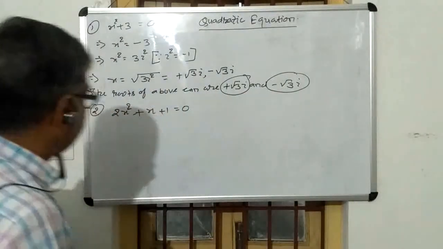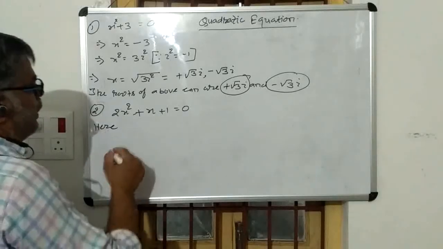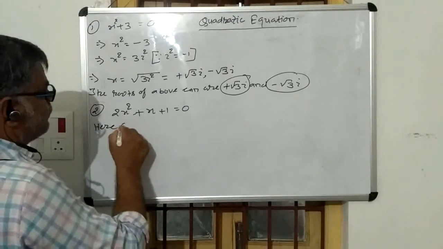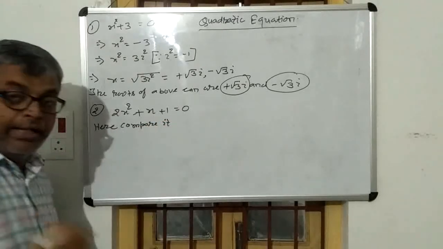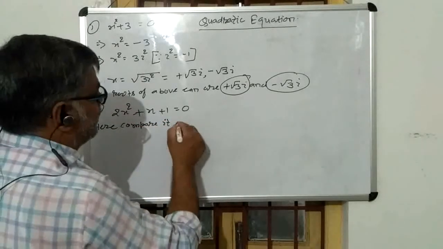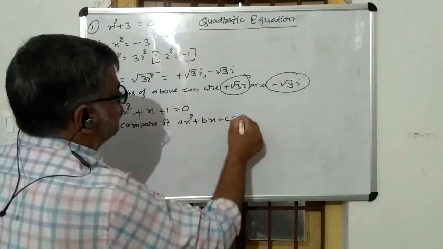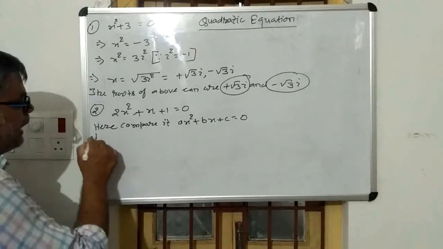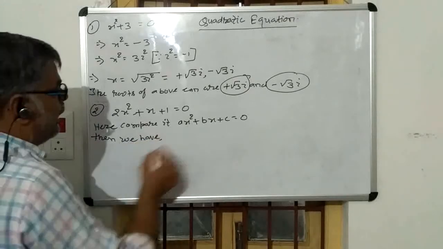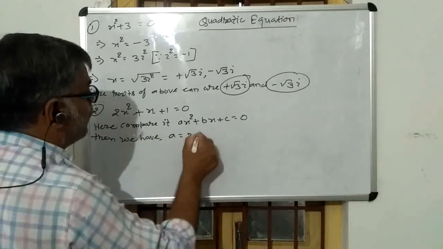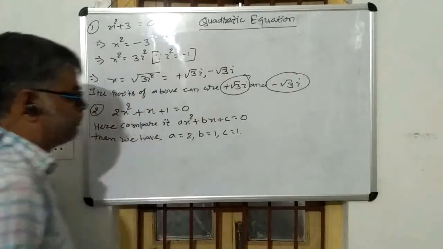So now here we have to first recognize, compare it with the standard form of quadratic equation, that is ax square plus bx plus c equals to 0. Then we have a equals to 2, b equals to 1 and c equals to also 1.